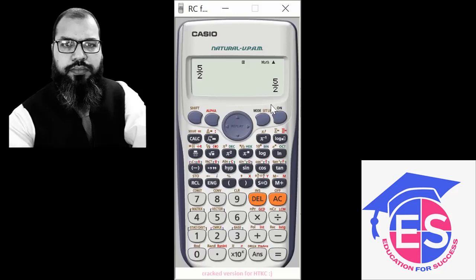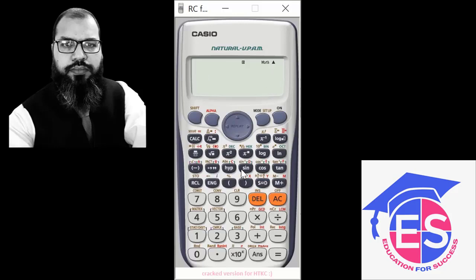This is in decimal, 5 fraction 2. If you use the mixed number, press 4, then shift, then press. Now you can see the mixed number, 5 over 2. This is 13 over 2, like this. This is the use of mixed numbers here.